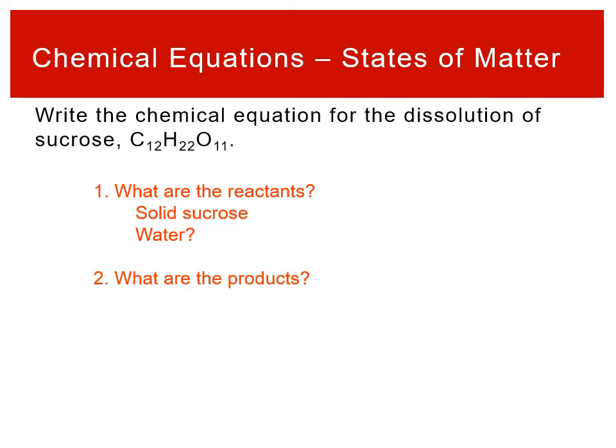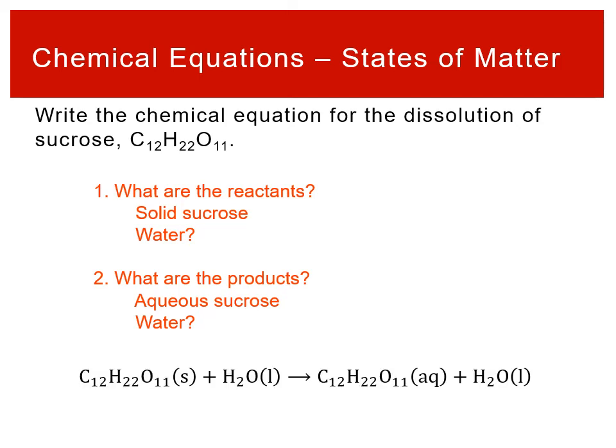Well, what are the products? Well, we get dissolved sucrose, which is aqueous. Is there also water? There's still water around, right? There's still liquid water that's dissolving it. And so we could write it out to look something like this. We can see the changes. We have the solid sucrose becoming the aqueous sucrose.